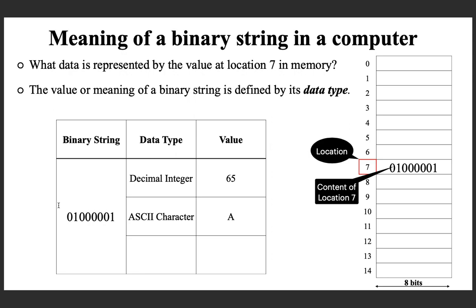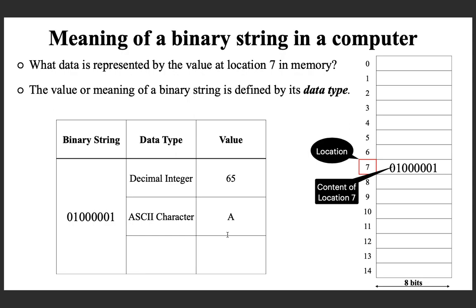See, for the same binary string, if the data type is integer, then the interpretation is 65, which is a decimal number. If you say that it is a character, you interpret it as capital A. So the meaning differs depending on the data type. Or it could be hexadecimal.